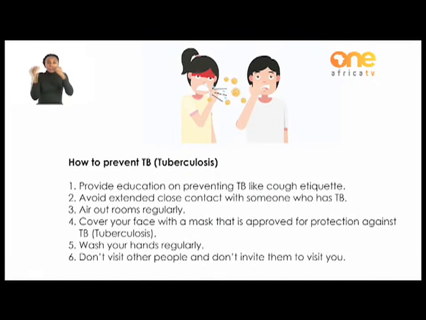Number 4, cover your face with a mask that is approved for protection against tuberculosis or TB. Number 5, wash your hands regularly. Number 6, don't visit other people and don't invite them to visit you if they are said to have TB.